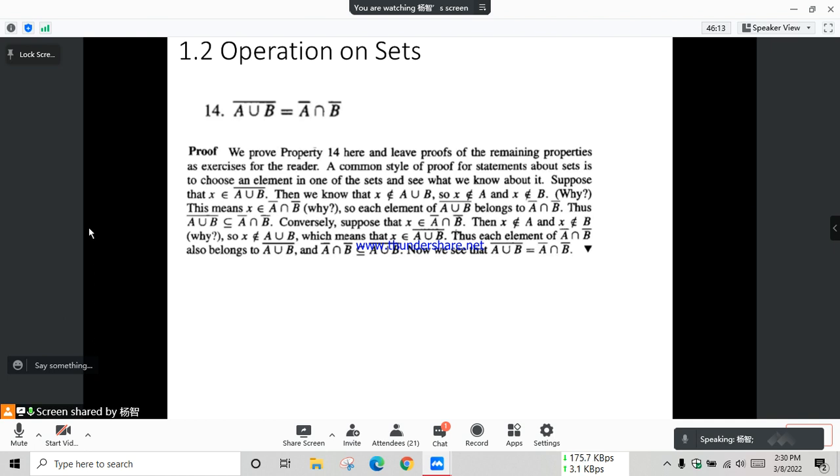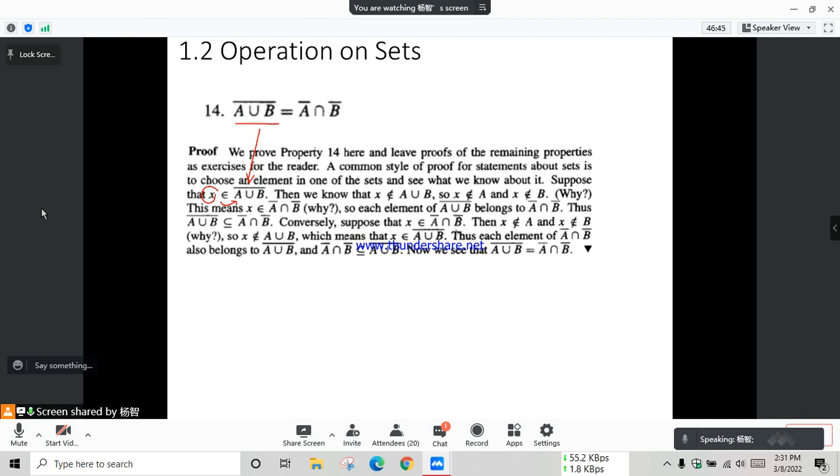A common style of proof for statements about sets is to choose an element in one of the sets to see what we know about it. Okay, suppose we have an element belong to the set like this. Okay, this is the left part of this equation. We suppose that the element x belong to the left part.